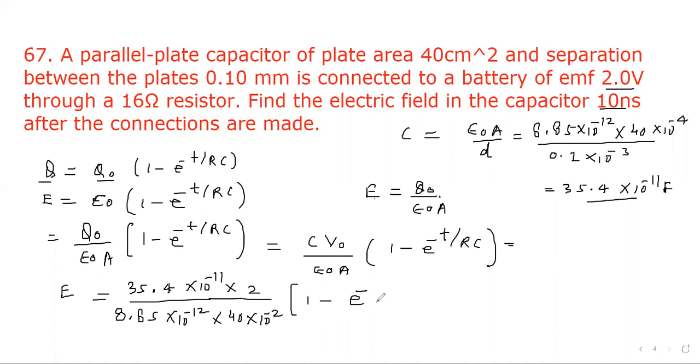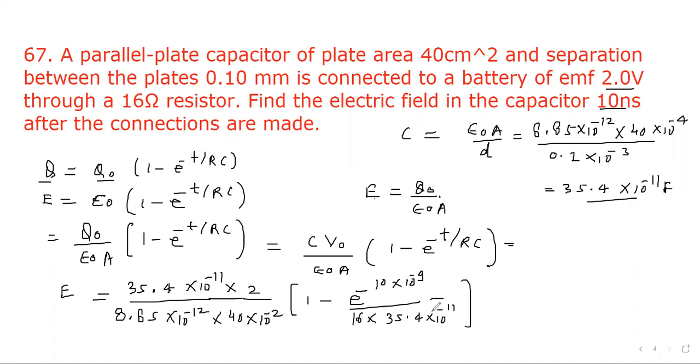Time is given as 10 nanoseconds. So 10 into 10 to the power minus 9 divided by RC. So R is given as 16 ohm and capacitance we have found as 35.4 into 10 to the power minus 11.